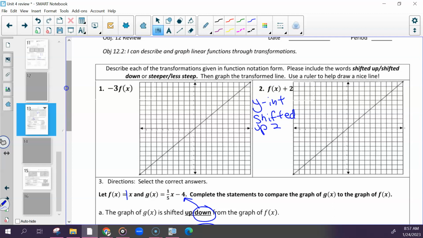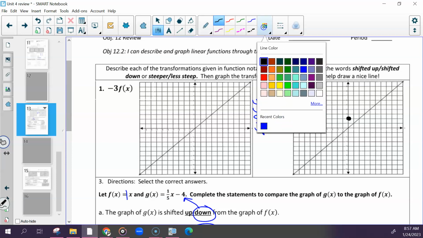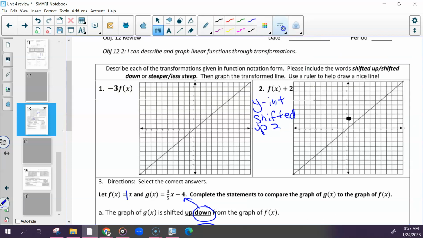So from the origin, we can go up 2. What happened to the slope? It stayed the same. That means whatever the slope of this original line is, that's what we're going to do for this one. So we're going up one, right one, so do that all the way across.